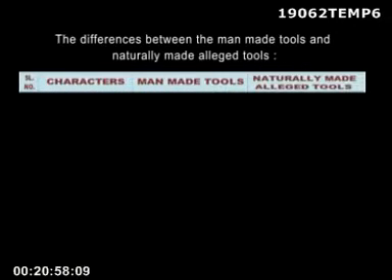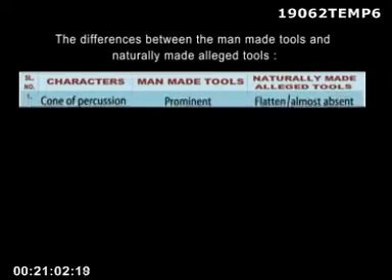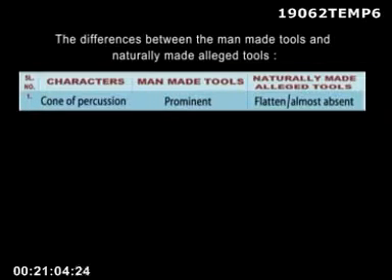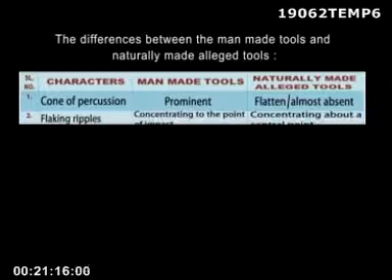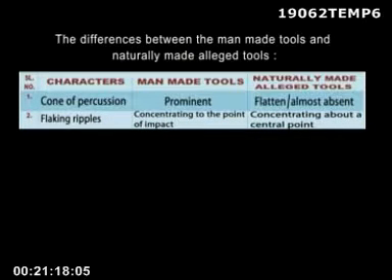Character: man-made tools, naturally made LS tools. Number 1. Cone of percussion: it is prominent in the man-made tools. It is flattened or almost absent in the naturally made LS tools. Number 2. Flaking ripples: concentrating to the point of impact in the man-made tools and concentrating about a central point in the naturally made LS tools.